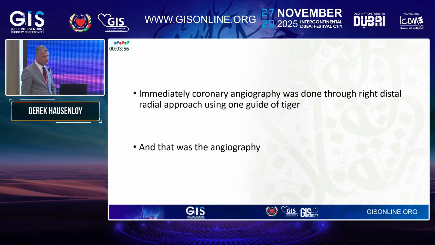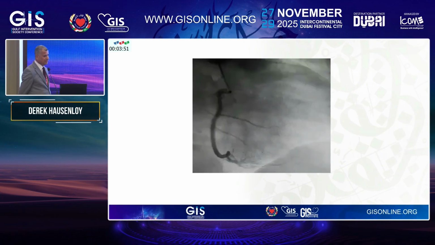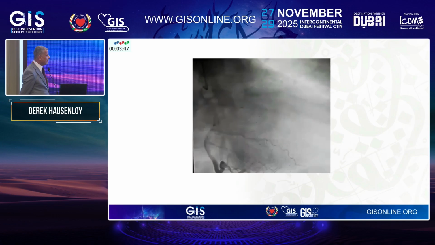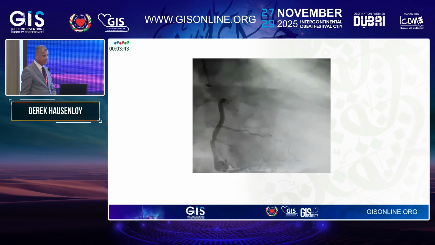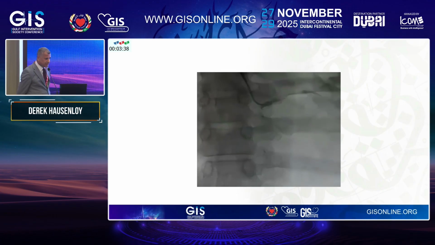During activation of the cath lab, this is the right system of the patient. You can imagine the LV function is still good, and this is the right coronary, and that's the left system.